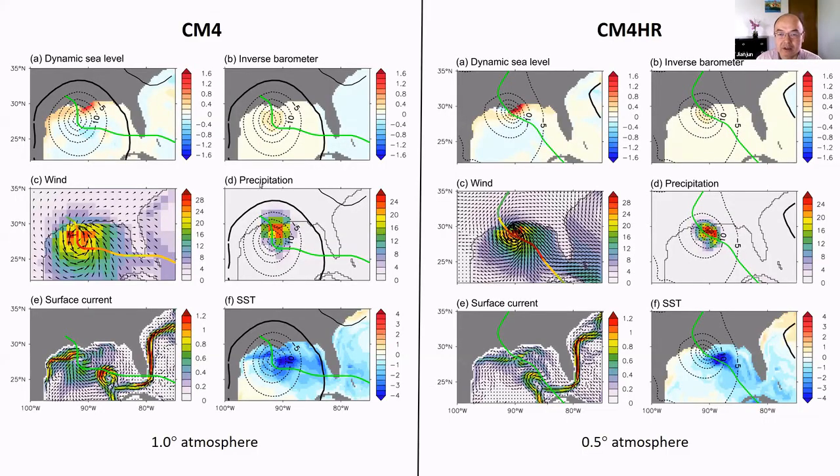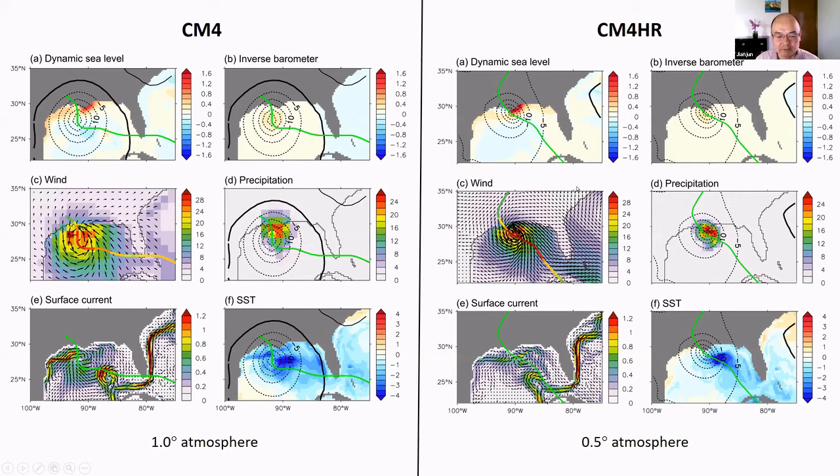The higher surge in CM4 HR is due to the refined atmospheric model resolution. This is a comparison of the tropical cyclones between CM4 and CM4 HR.